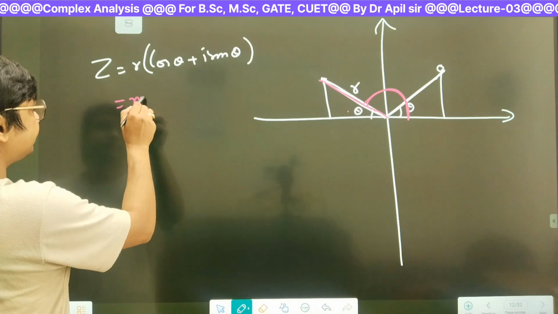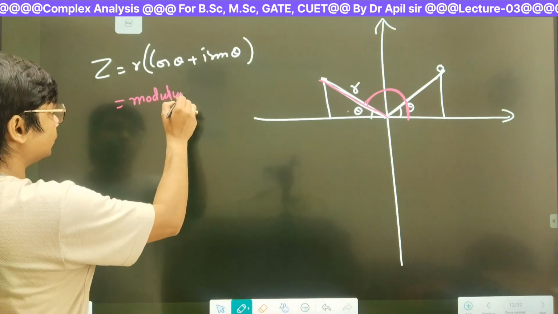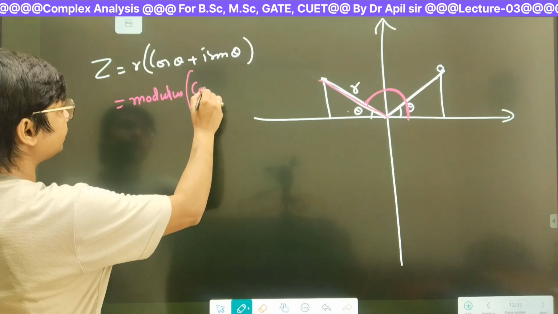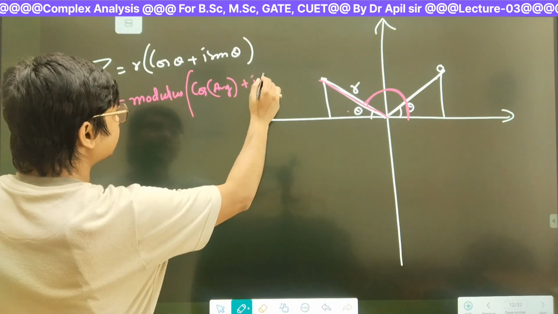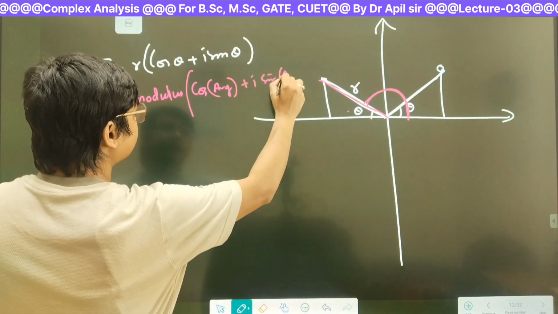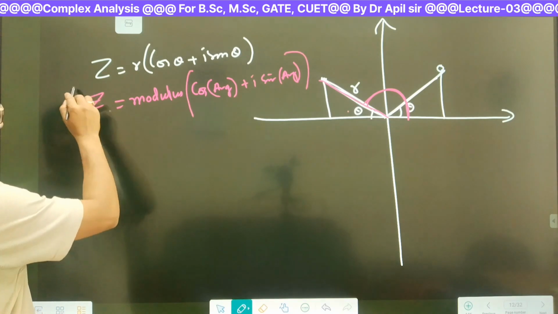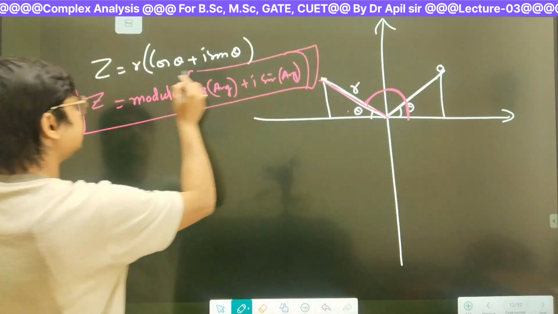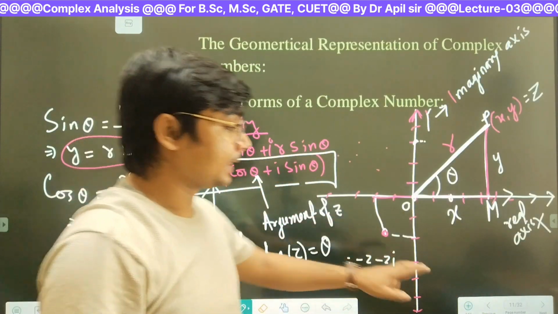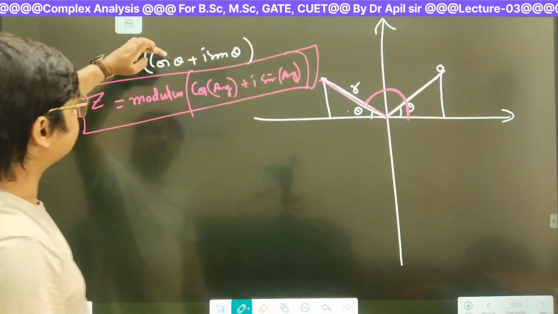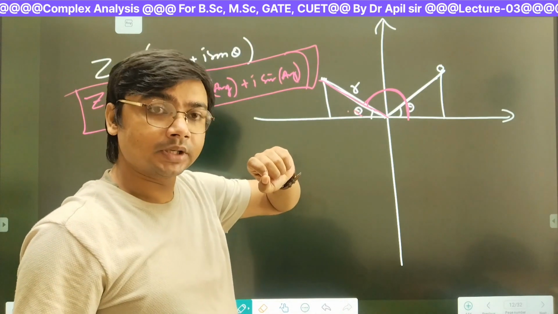In place of r we can write modulus, modulus into cos of argument plus i sine of argument. You must remember this is the actual form, right? In the previous case theta is the argument, but here this is not the actual argument, right?